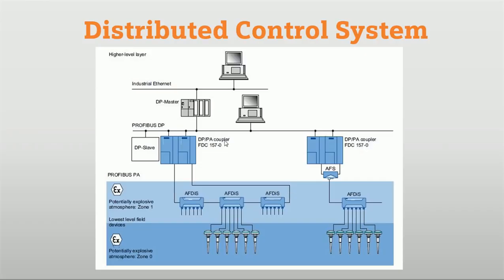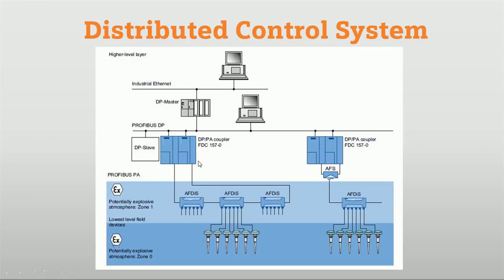Here we have used AFDiS. These active field distributors IS are used for potential explosive areas. You can see here we have zone 0 and here we have zone 1. Based on that we select the field devices, and all field devices are connected with the active field distributor. Here we have connected AFD in a ring.